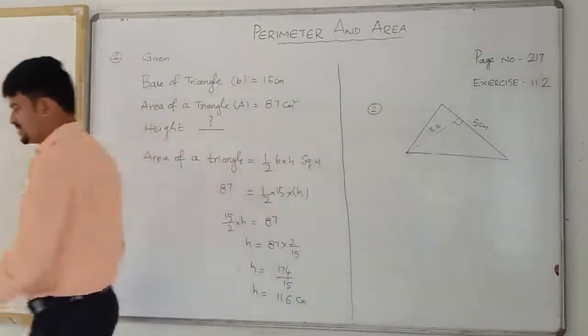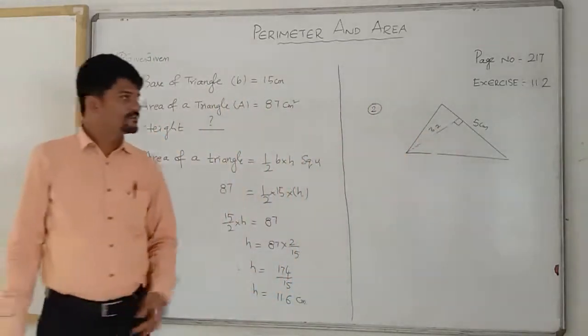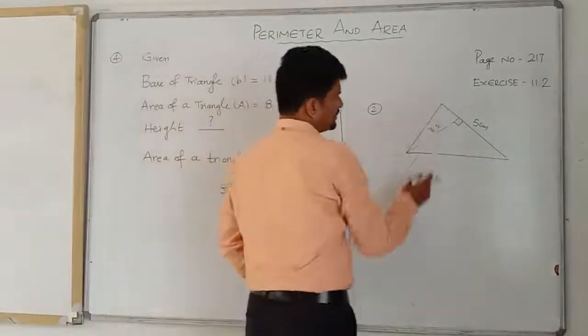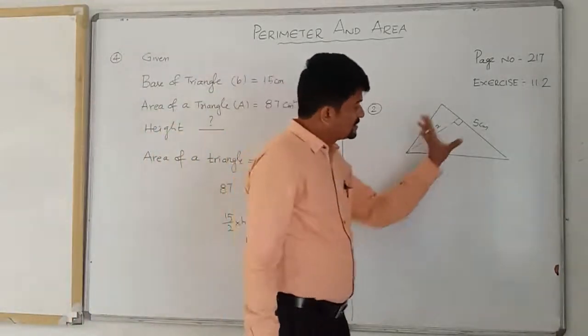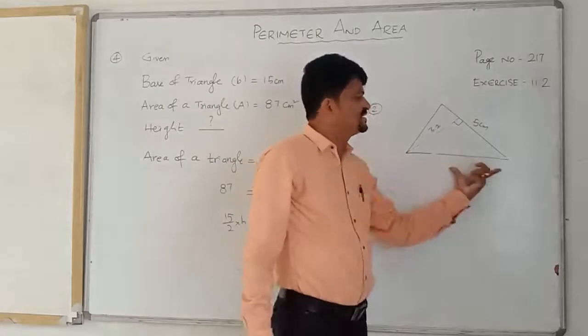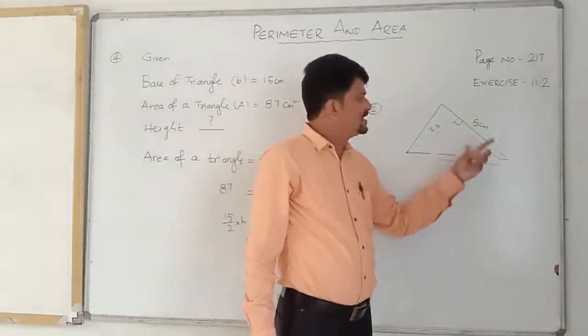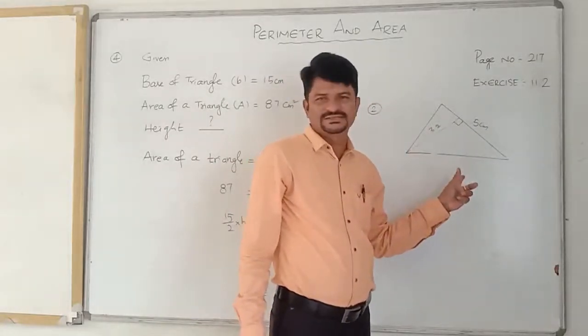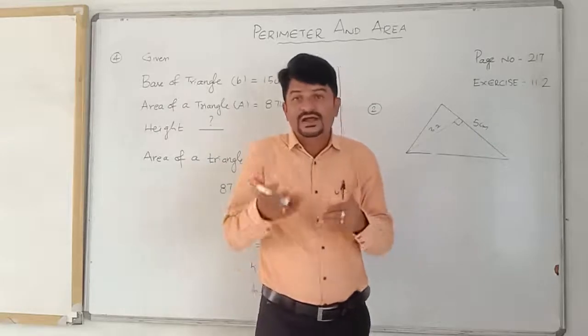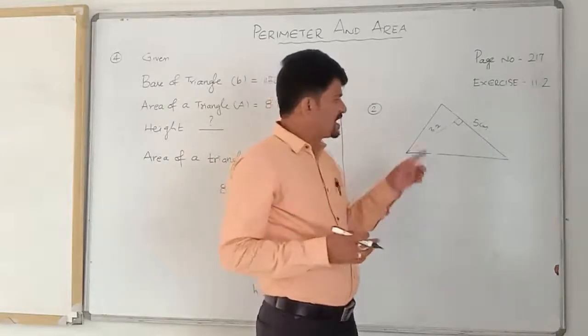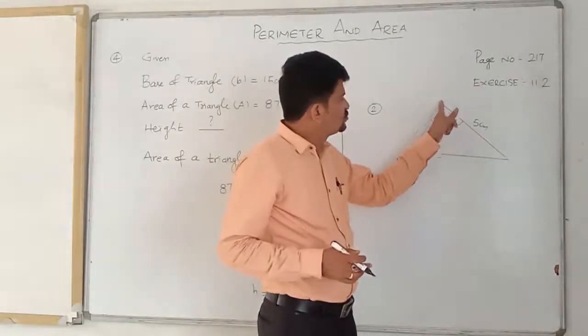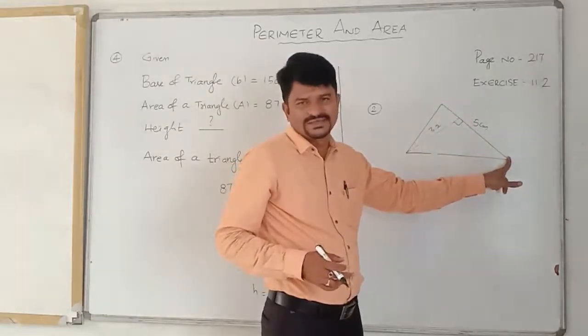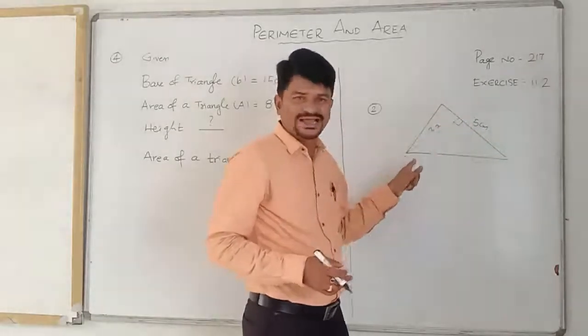Okay, children. What is given? A triangle is given like this. Don't think that this is only the base. Any side can become the base according to our convenience. Here the height is given, this one, so you must consider this one as the base and this as the height.